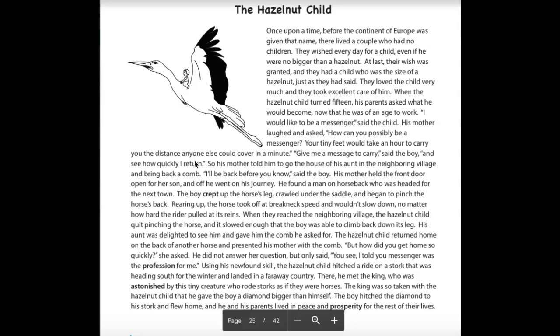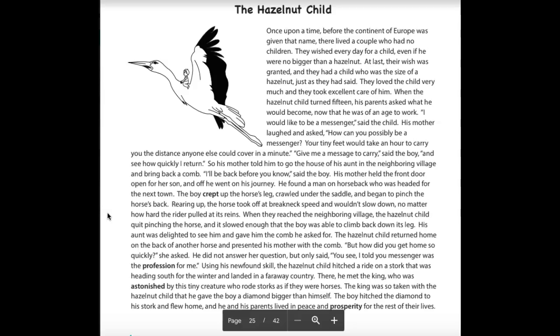Your tiny feet would take an hour to carry you the distance anyone else could cover in a minute." "Give me the message to carry," said the boy, "and see how quickly I return." So his mother told him to go to the house of his aunt in the neighboring village and bring back a comb. "I'll be back before you know," said the boy. His mother held the front door open for her son, and off he went on his journey.